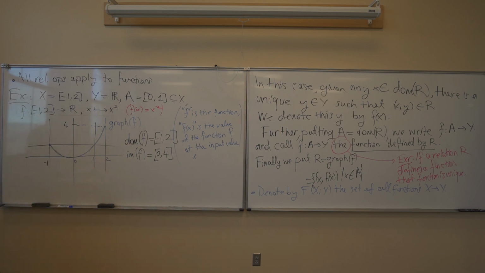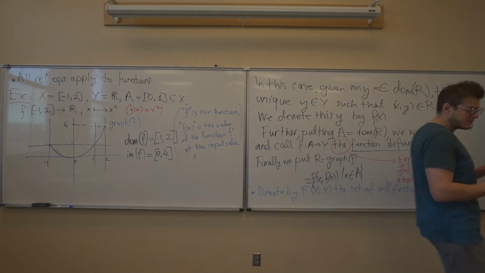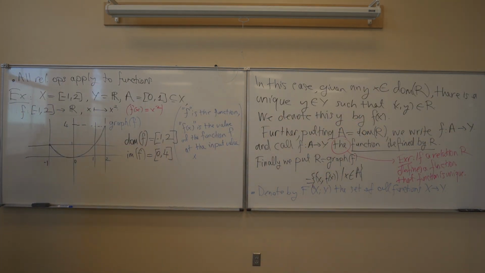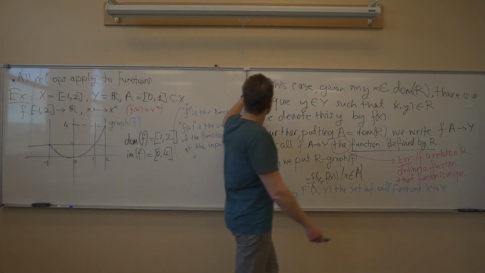What else did we do with relations? Inverse. Okay, so for instance, this function, let's first start with the following. I can think of the function as a relation. It's just a shape, okay? And I can just invert it. Now that inverse, we're going to see in a second, is not going to be a function itself. But it's still a valid shape. In other words, it's still a valid relation.